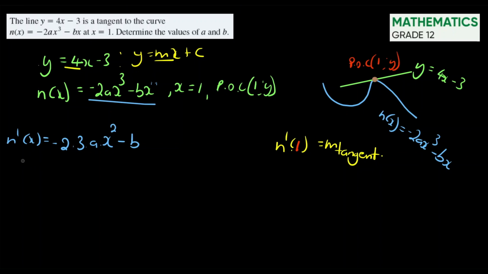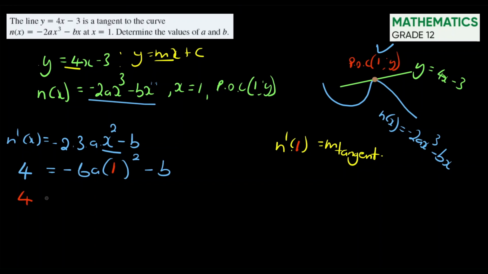We also said that if we substitute 1 where there's x, the 1 from the point of contact, we should get the gradient of the straight line. So we can say 4, which is the gradient of the straight line, equals negative 2 by 3, which is negative 6a, then we substitute x value, which is 1.